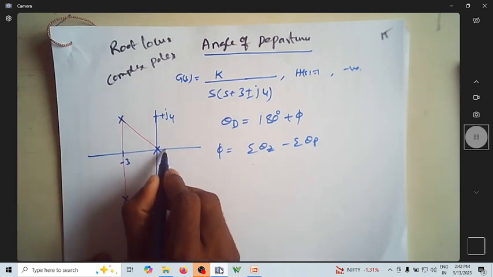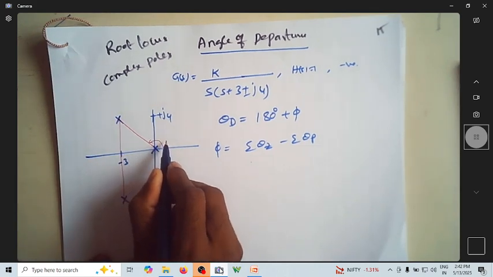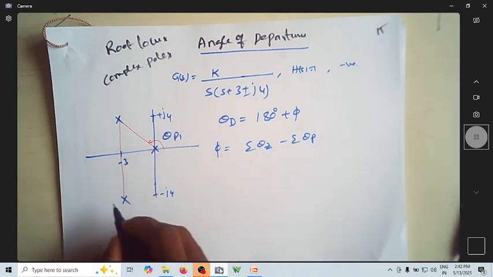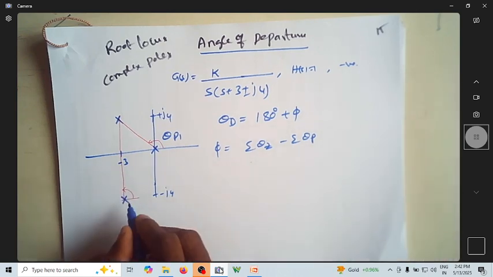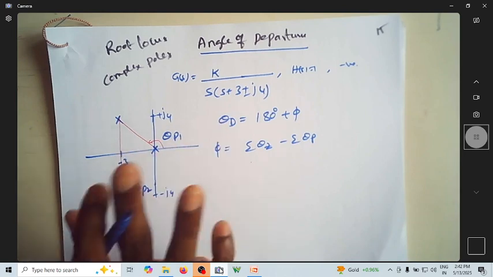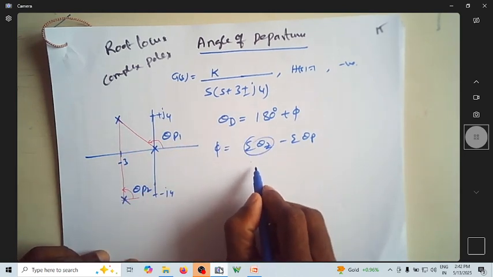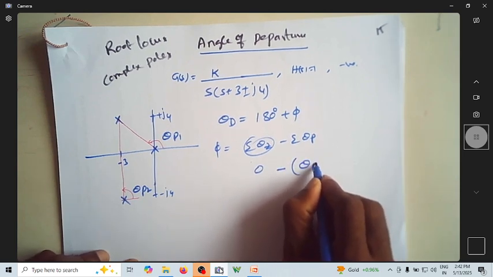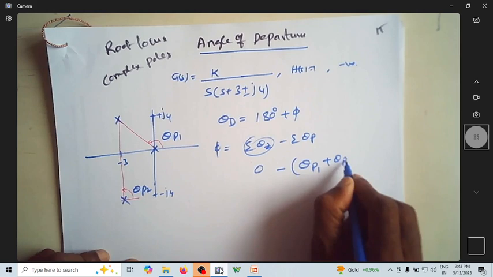I want to find this angle; let me name it theta p1, and let me name this angle theta p2. Since I don't have any zeros, the summation of theta z is 0, so phi is 0 minus theta p1 plus theta p2.